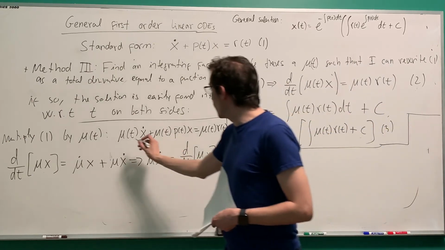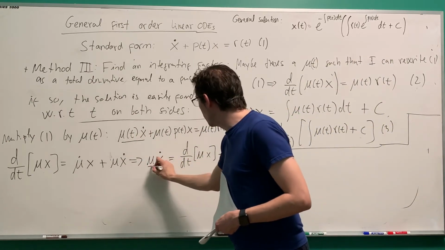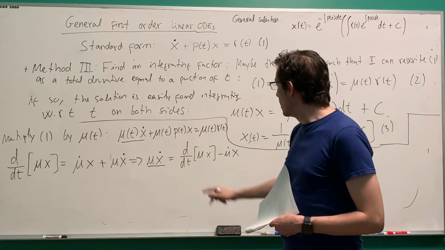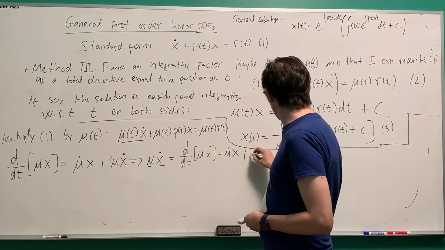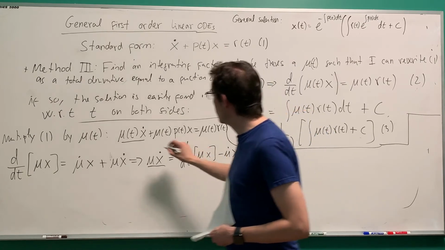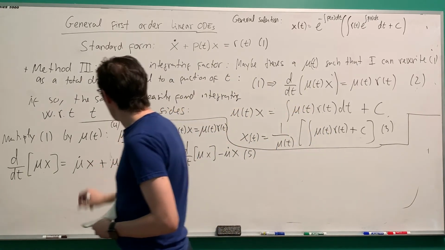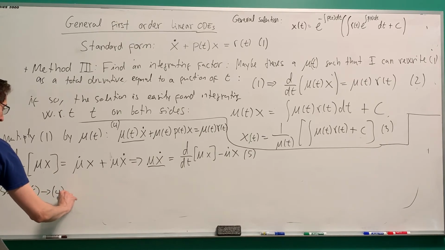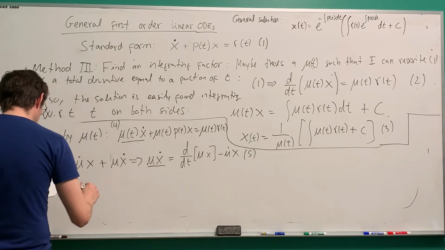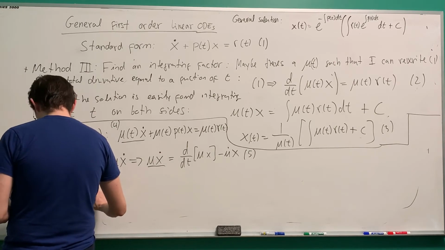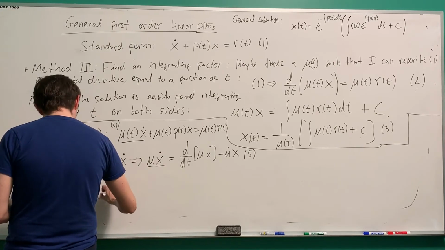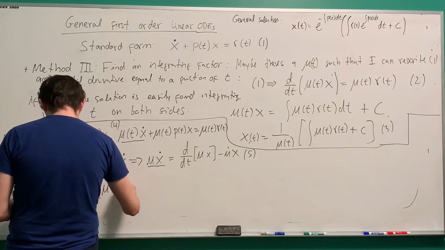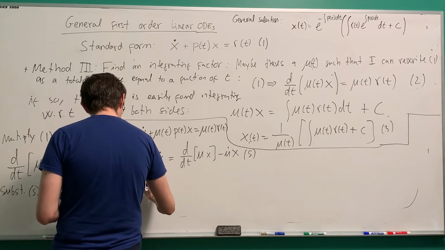Aha! So we have mu x dot here, and we can substitute this. Let's call this equation 5, and this one equation 4. And then what we do is substitute 5 into 4. If we do that, we get the following: d dt of mu x minus mu dot x.